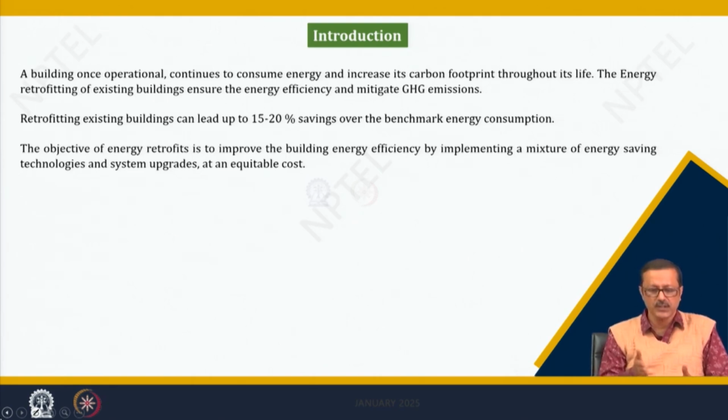So, within the life span of the building, which may continue to 80, 100, or 120 years, sometimes we have to retrofit it. We have to embed some additional features into the building systems, or we have to repair the systems.